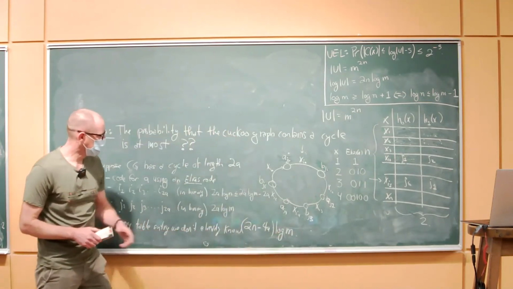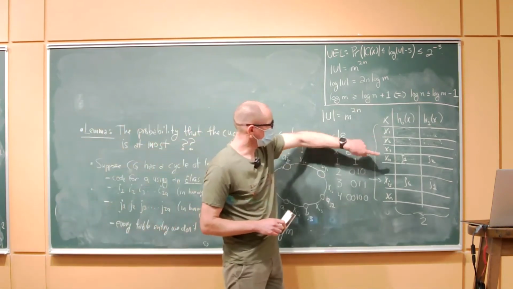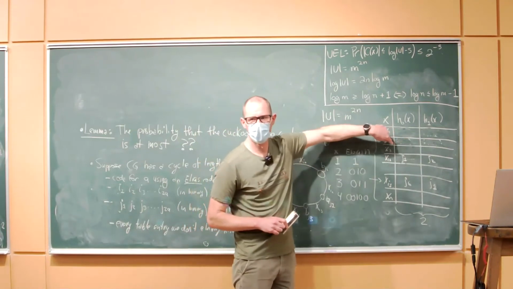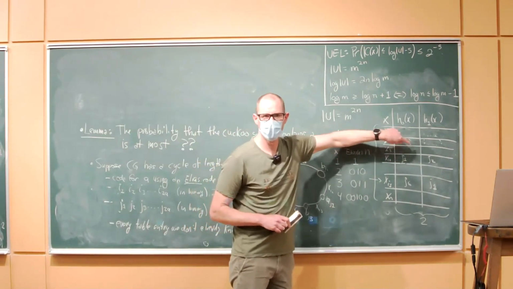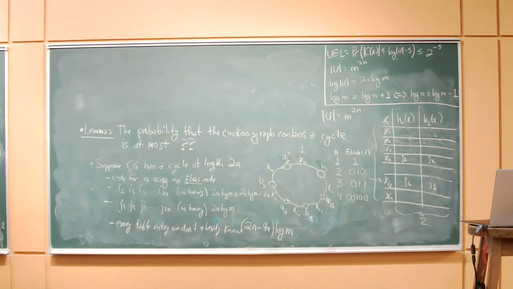Why minus 4a? Because there's 2a rows that we know. Each row has two entries in it. Okay, good.